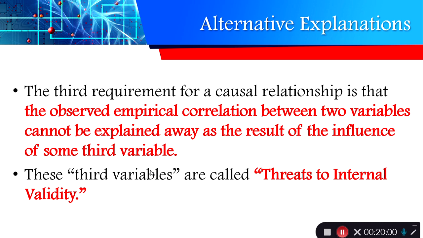But essentially, these threats to internal validity are other variables that come into play that influence the correlation between the intervention and the outcome. Okay, so these are other explanations. These are other things that get in the way of establishing the fact that the intervention was indeed effective in influencing whatever the outcome is that we're trying to impact.